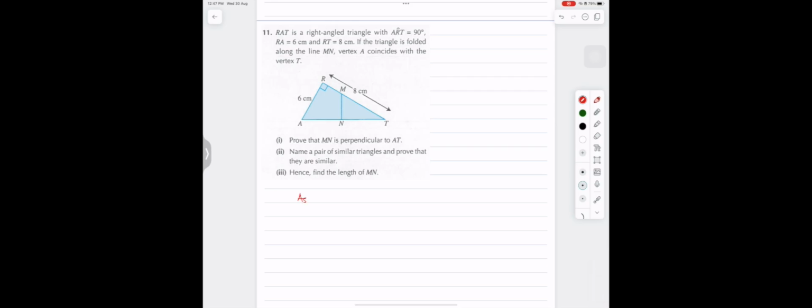In question number 11, we have to prove MN is perpendicular to AT.